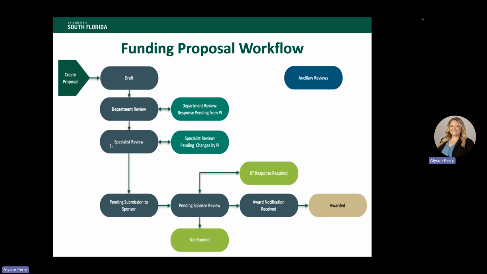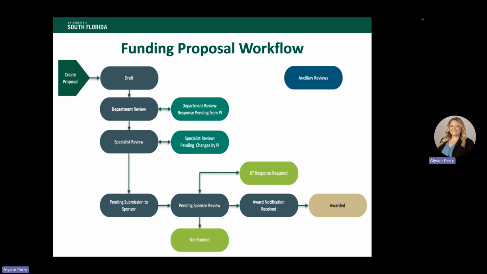Once your SRA has approved your submission, they will move to pending submission to sponsor. This is where your SRA will reach out to you and your team to ask if your submission is ready to be submitted. Once you say yes, we will then submit it to the sponsor, and your proposal will remain in this pending sponsor review state until we either hear that it has not been funded, we may get some just-in-time response required, some items that we need to do before we send it back, or we will receive that notice of award.